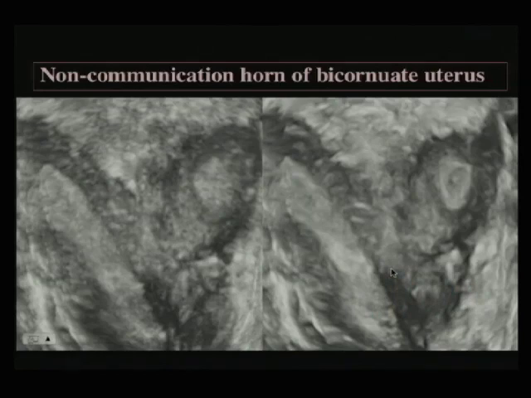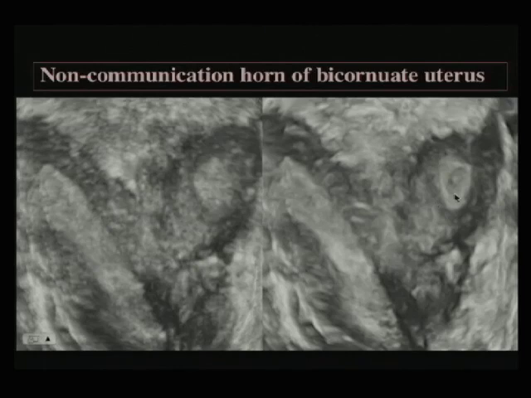And sometimes when you have a unicornuate uterus, as we have here, and here is that one horn, now this time it's on the other side, sometimes you have a more complex uterine shape abnormality, and in this case you have one horn right here, and then you have a rudimentary horn over here. The rudimentary horn has a little cavity in here.